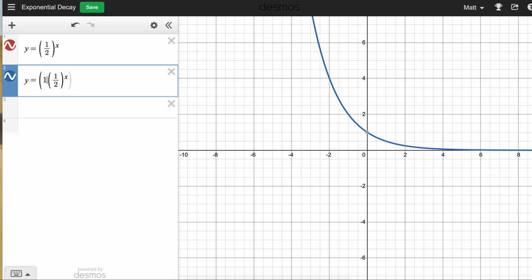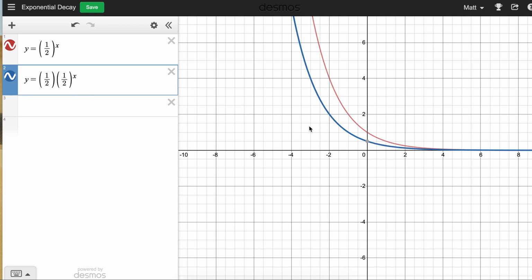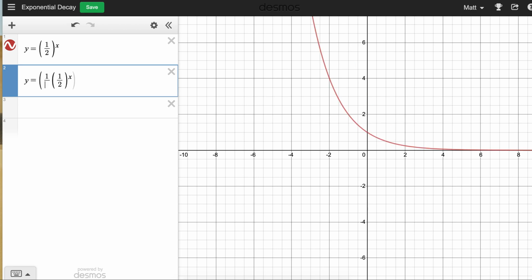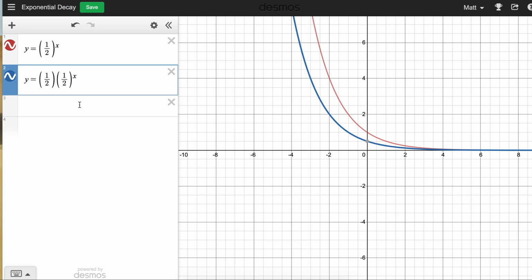Now if I throw a fraction out in front, it goes the other way. We call this a vertical shrink. So if it's a whole number or a number bigger than 1, we call it a stretch. If it's a fraction out in front, we call it a vertical shrink.